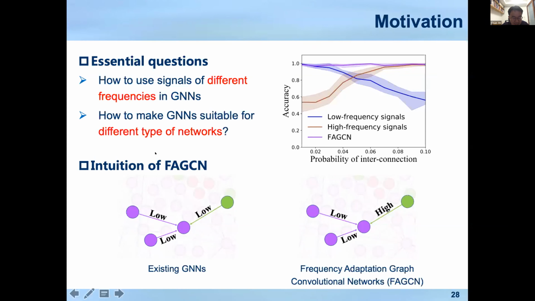The basic idea is that, different from traditional GNN aggregating labels only with the low pass filter, our FunGCN aggregates labels with the low pass filter and high pass filter.